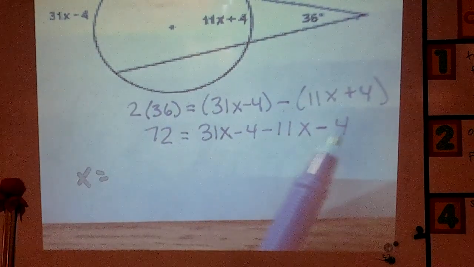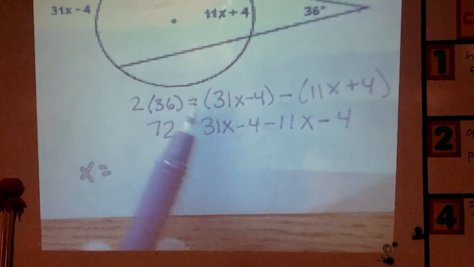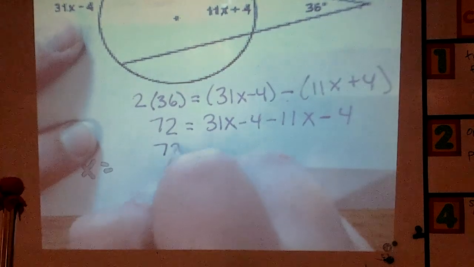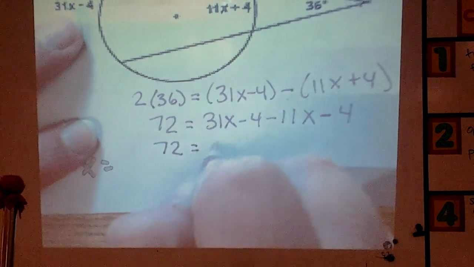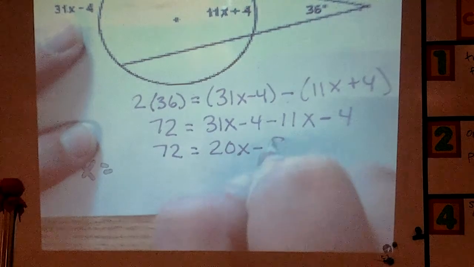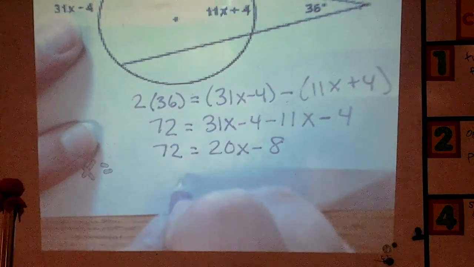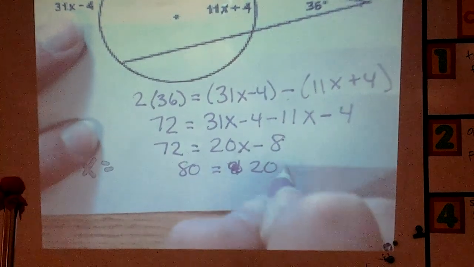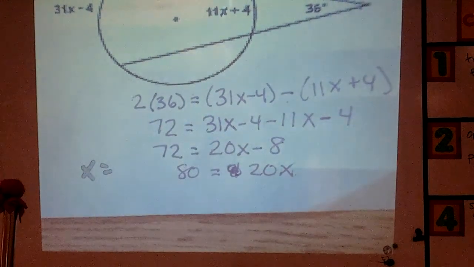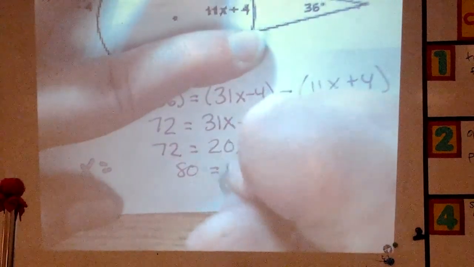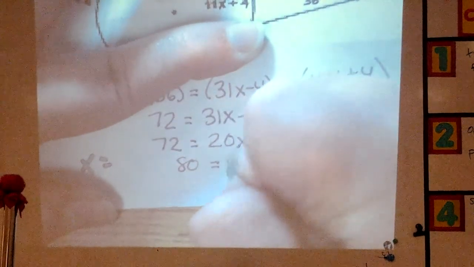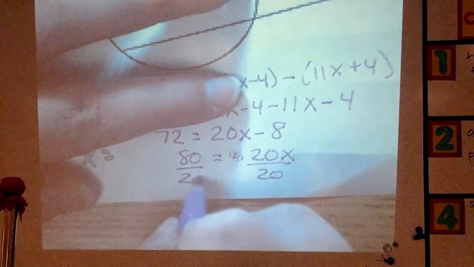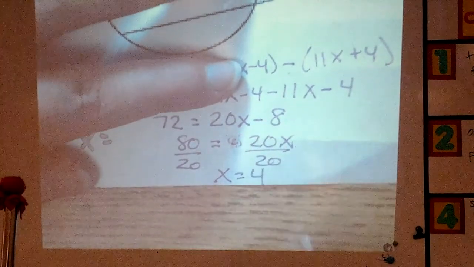But you really impress me when you remember to change it to a -4. Now I've got a whole bunch of combining like terms to do. So 72 equals 20x minus 8. Add 8 to both sides. And then I'm going to divide by 20. So x equals 4.